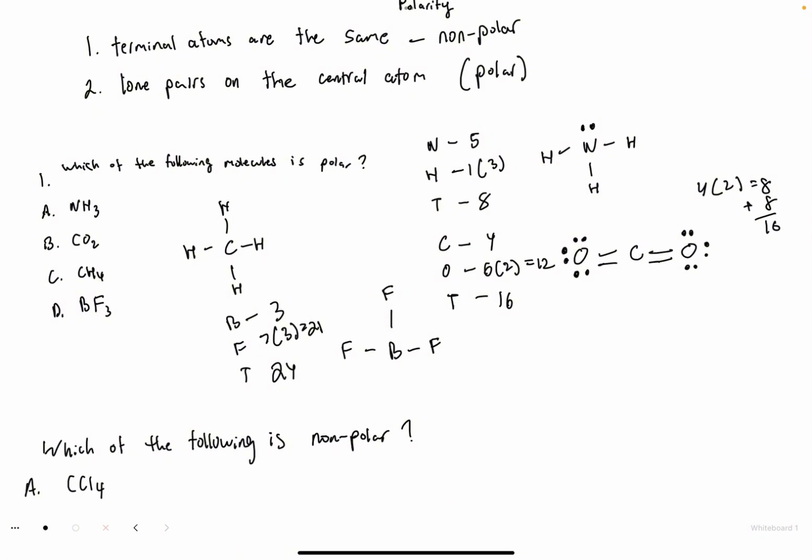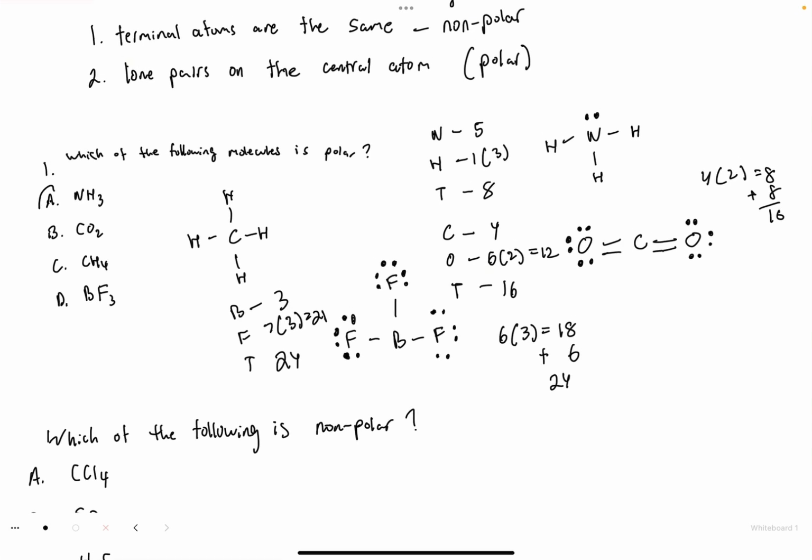We have 24: 6 times 3 is 18, plus 6 is 24, so we are good to go. Boron is one of those special elements that is electron deficient, so it violates the octet rule. It's one of those exceptions.